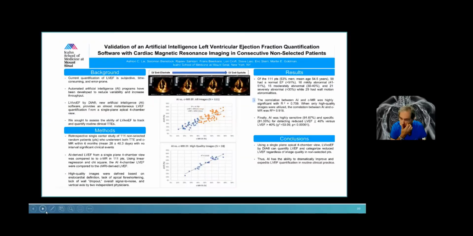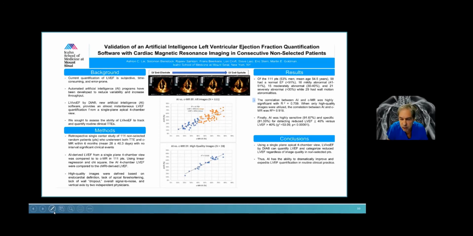Any DICOM image is accessible to DIA platform to be able to give a very accurate ejection fraction in biplane as well as strain. So what we did, this abstract talks about a study that we did that was presented already. We wanted to determine how accurate the Elvivo by DIA was, which again, when we first saw it, was relatively new.